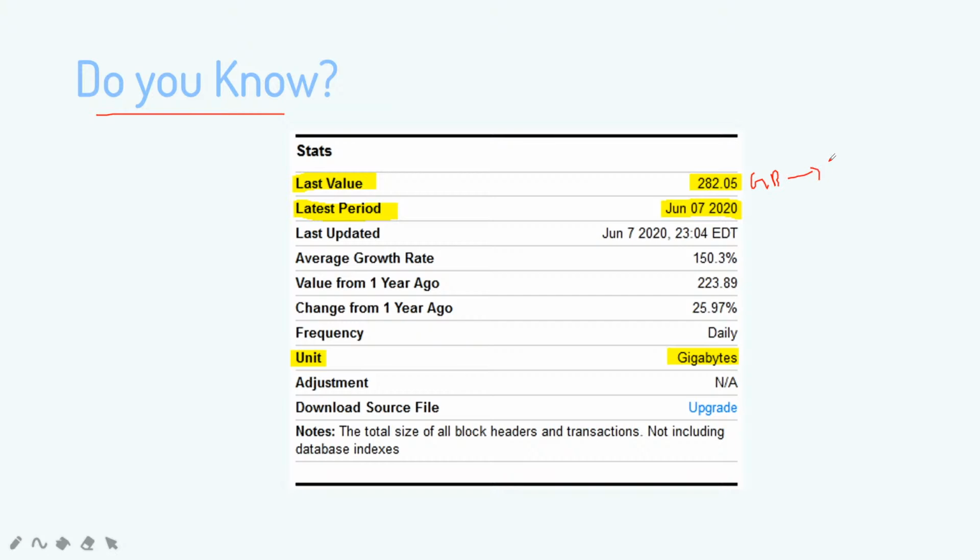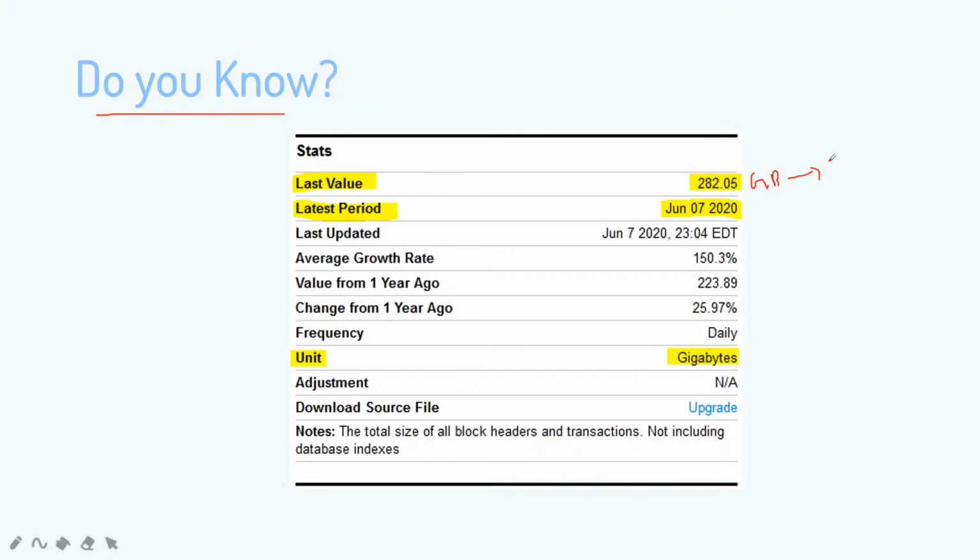So the total size of all block headers and transactions is this. This is one of the disadvantages, because of how much blockchain data we are using. We have n number of data. So this is one of the disadvantages also.